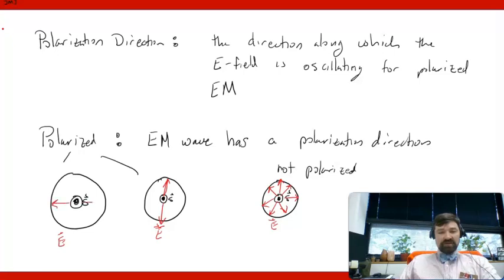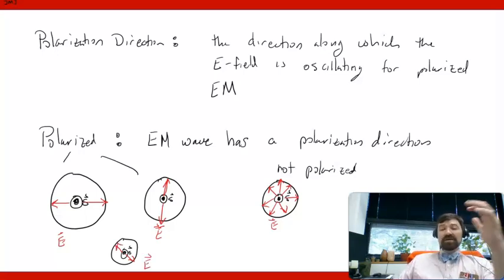So this one right here, still polarized. This one, still polarized. If I have one where it's a skewed direction, like this, that is polarized. Any of those count as polarized.